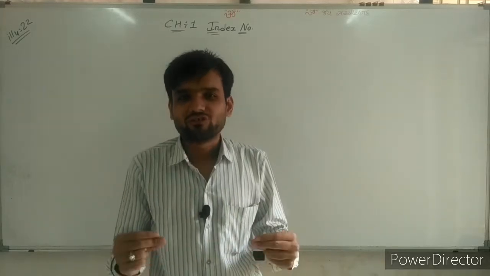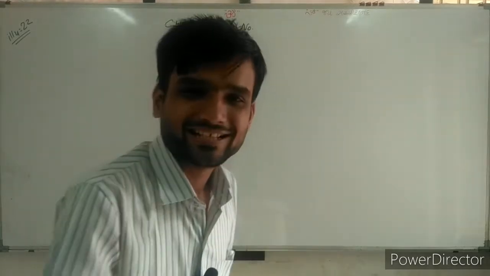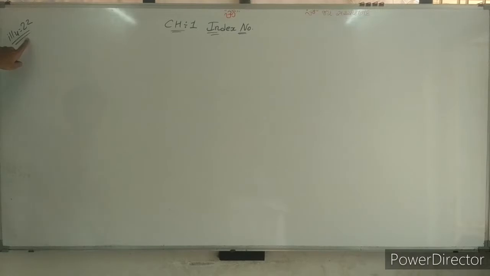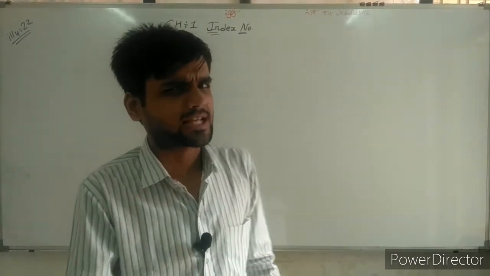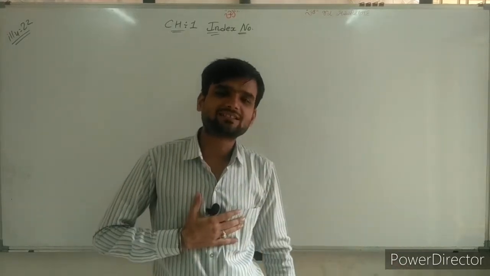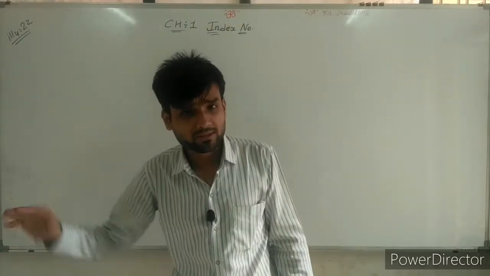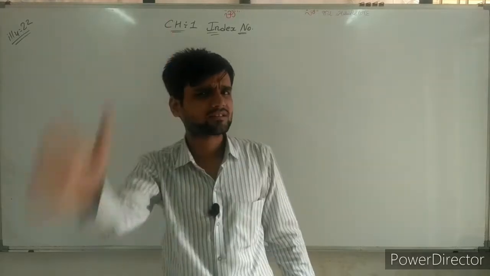And now, don't worry, be happy, we are doing one sum, illustration number 22, which may not be asked in your examination, but it's the best sum, I am liking it, and I will ask you in my exam. Maybe not in board exam, but in my exam, it is definitely there.